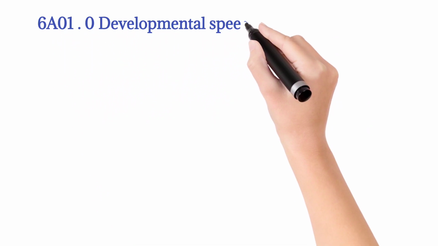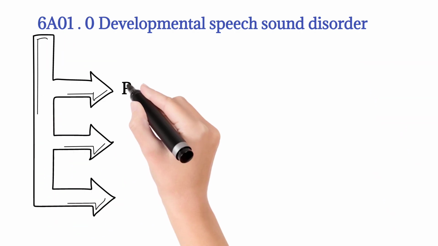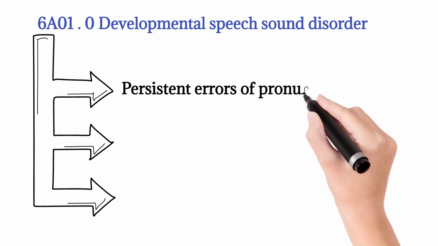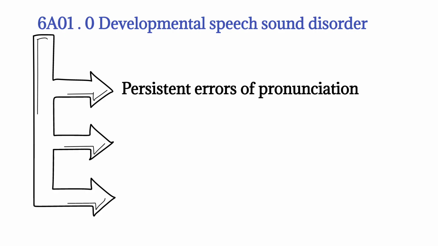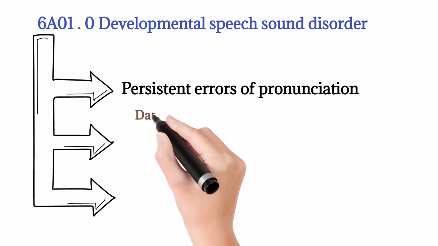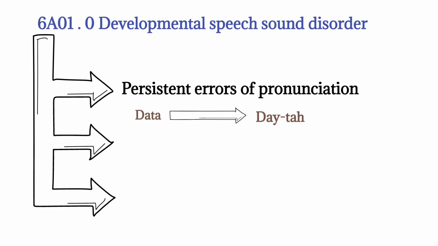The essential features required for its diagnosis are persistent error of pronunciation. It refers to the overall sounds and rhythm of the spoken language, that is the way in which words are spoken. For example, the word DATA we have to pronounce as a "day-ta", not as a "daa-ta".